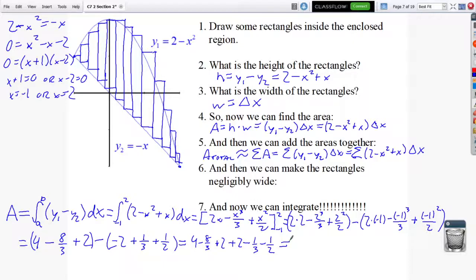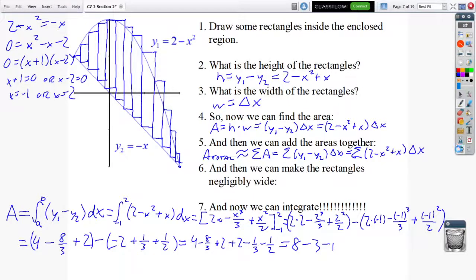So now I can see I've got 4 plus 2 plus 2, 8, negative 8/3 minus 1/3, 9/3, so minus 3. Okay, almost there. Wait, not minus 1. The heck is wrong with me? Not minus 1. There we go. Minus 1/2. This guy right here.